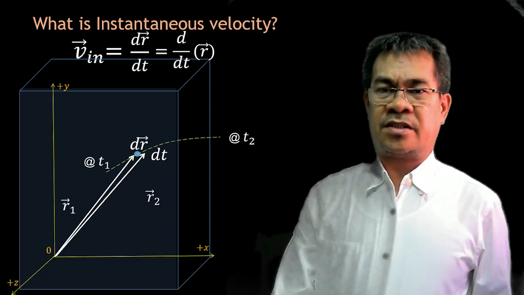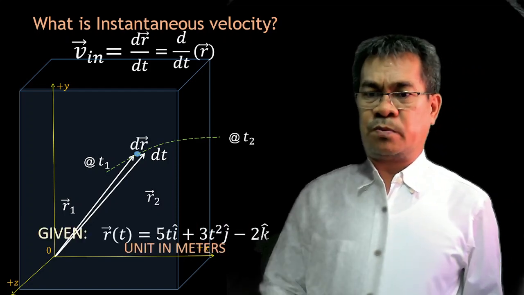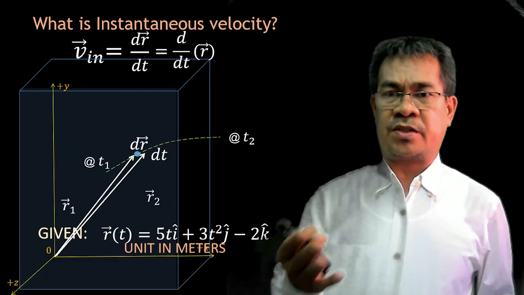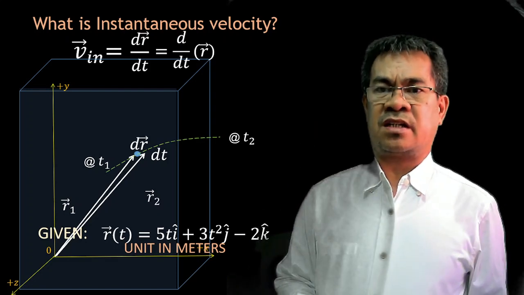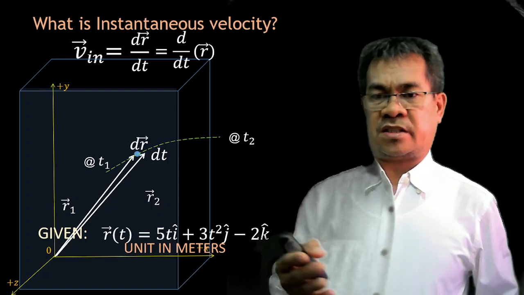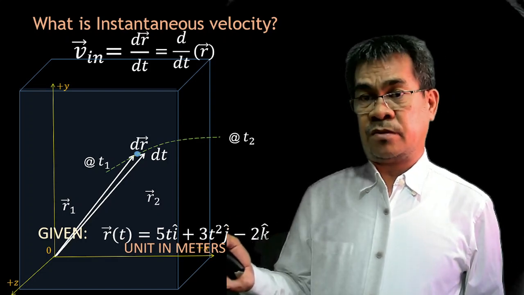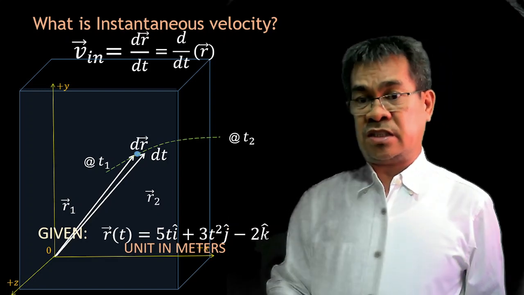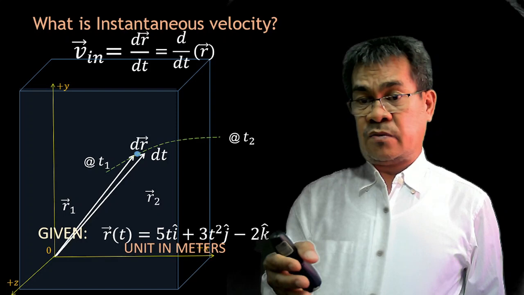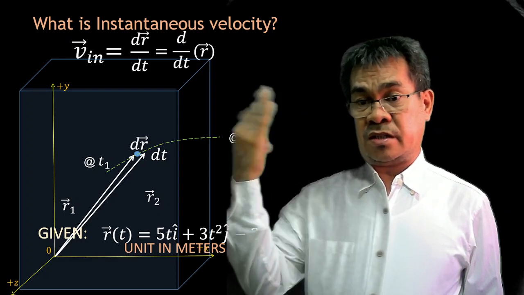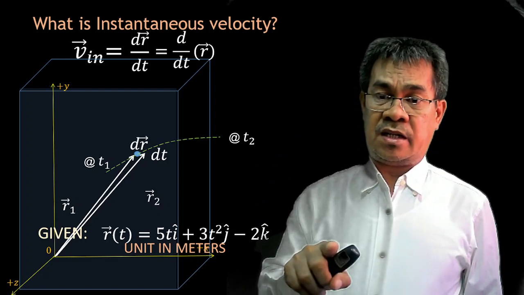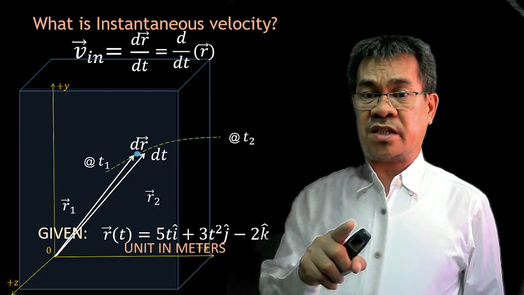Okay? So then, suppose you are given the problem, suppose given the position vector, because the instantaneous velocity can be calculated if we have the position vector, meaning it requires position in order to produce instantaneous velocity. Now take note, we have the same position vector as in the average velocity problem, 5t i hat plus 3t squared j hat minus 2k hat.